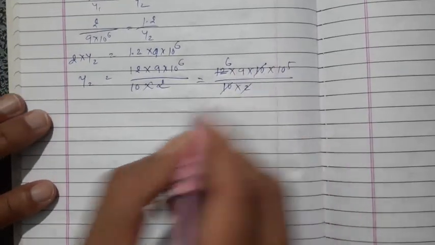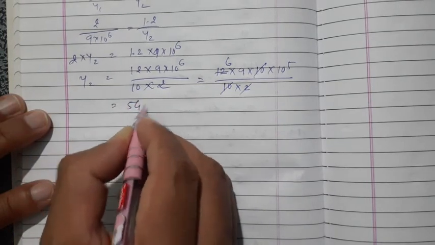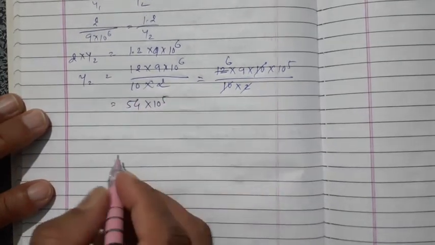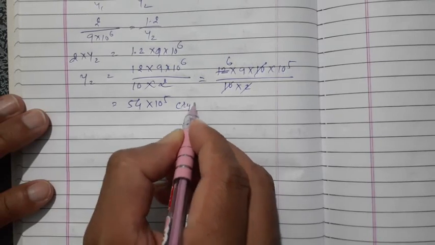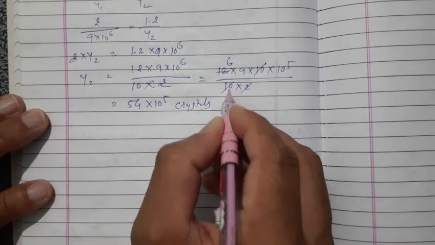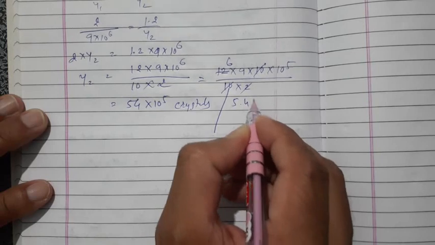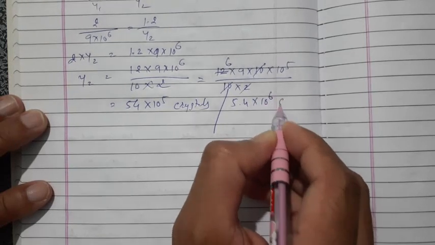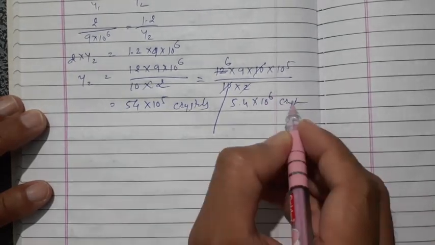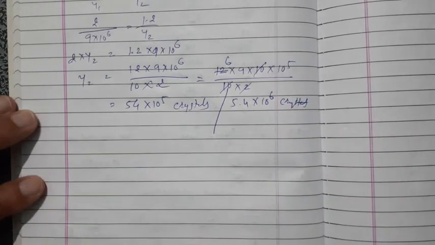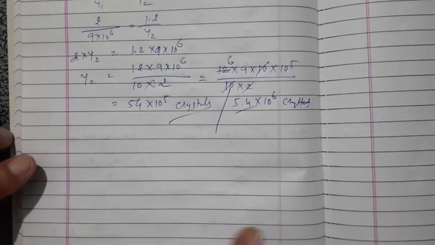So 9 6s are 54 into 10 raised to 5 crystals. Otherwise the standard form is 5.4 into 10 raised to 6 crystals. Just write down that one. Both are the right answers.